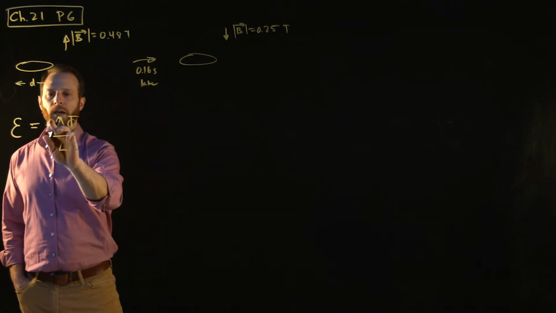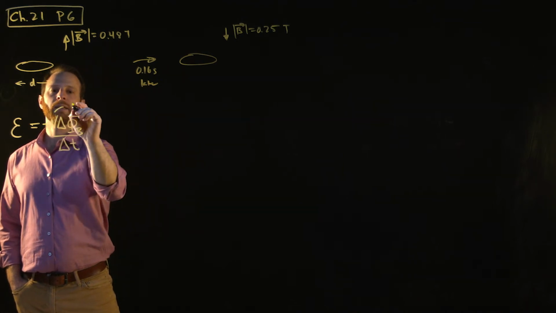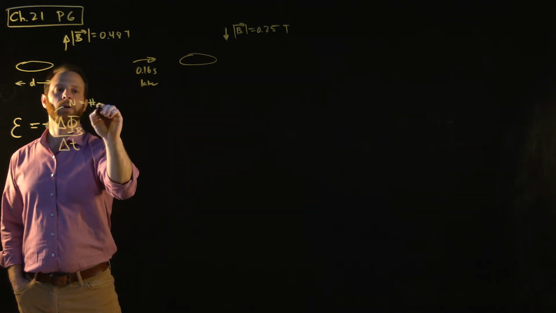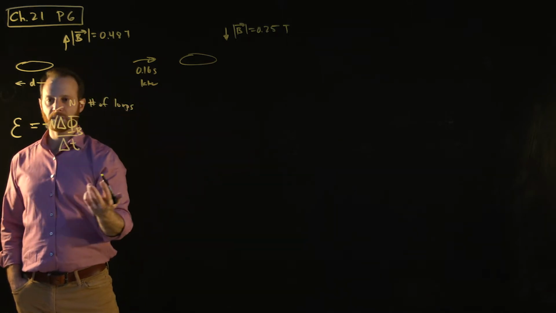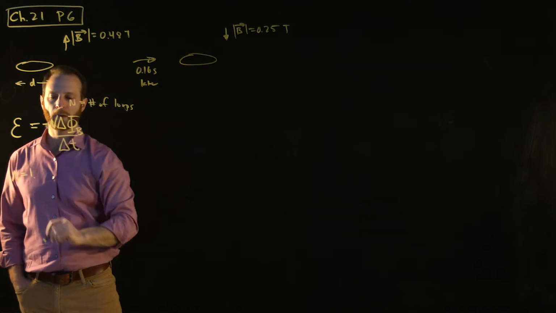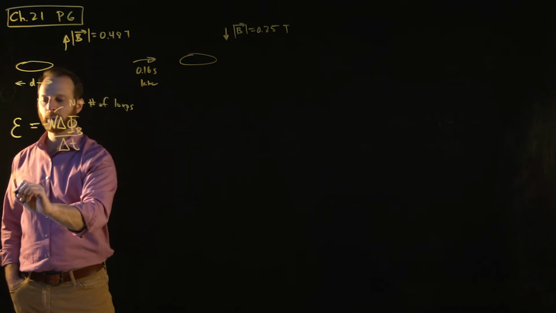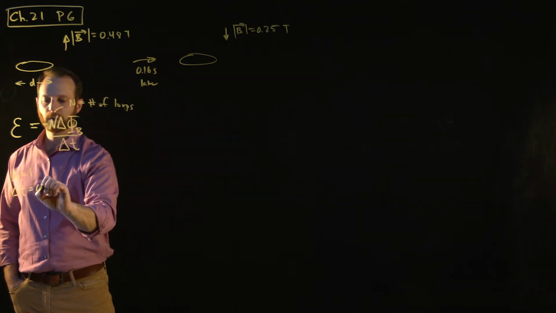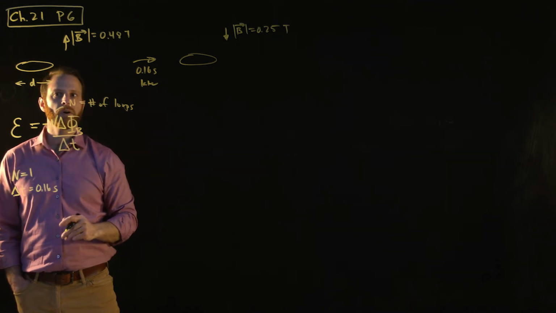And technically, one might even put an N here, where N is equal to the number of loops, but there's only one loop in this case, so N equals 1 for us. Okay. In fact, as long as we're figuring out what variables we have, N equal to 1, we have delta t equal to 0.16 seconds, and some other things are indicated.